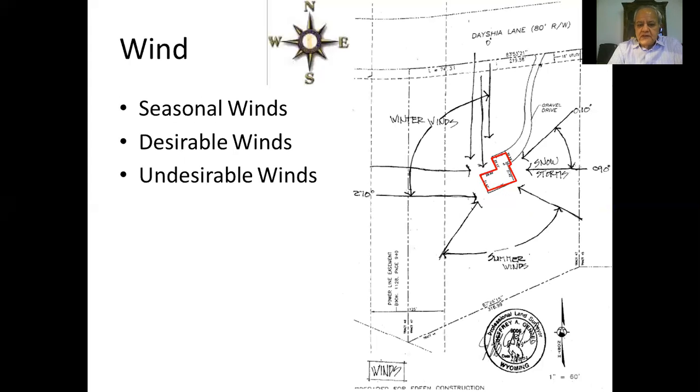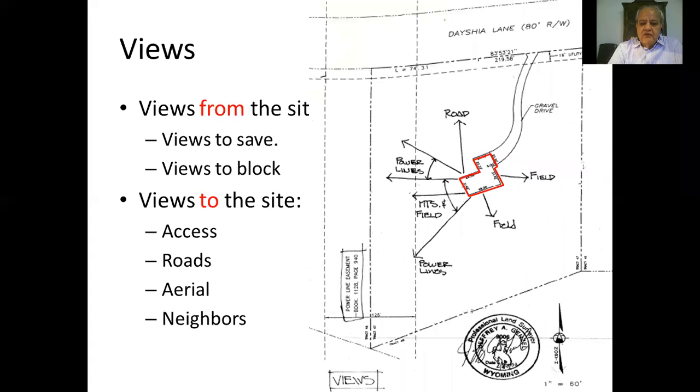The types of winds and their direction, where is it coming from? The views, what will you see from the site, so that this will affect the design decisions that you take later.